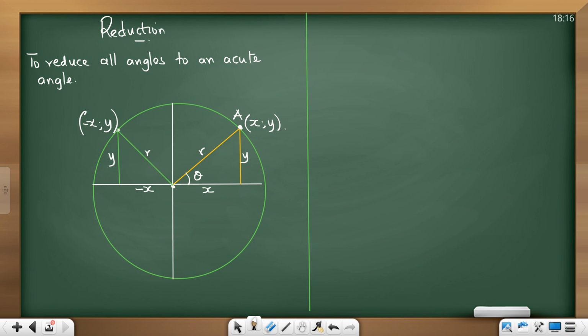My good learners, taking you back to grade 8, angles on a straight line should be equal to what? 180, right? Angle on a straight line should be equal to 180.